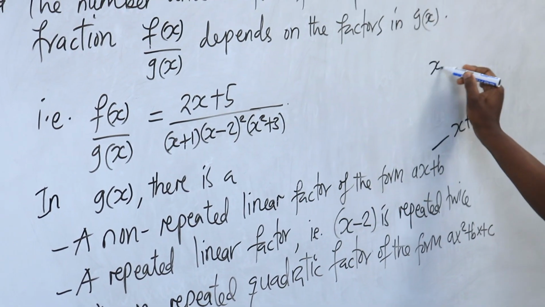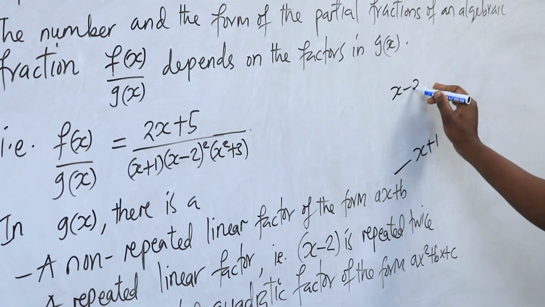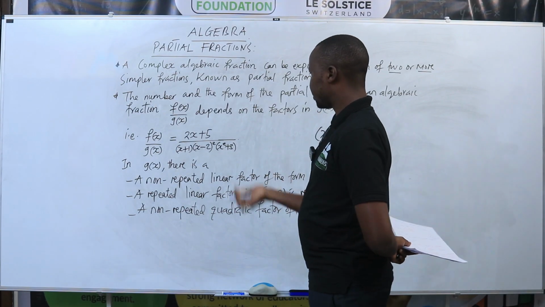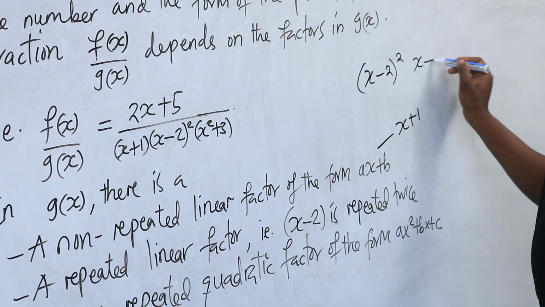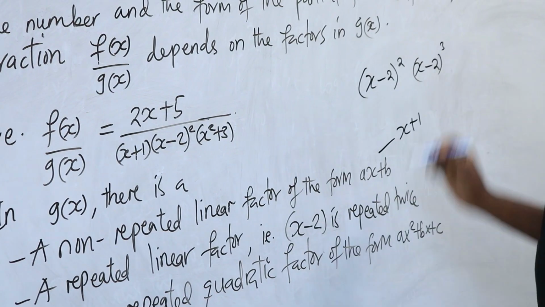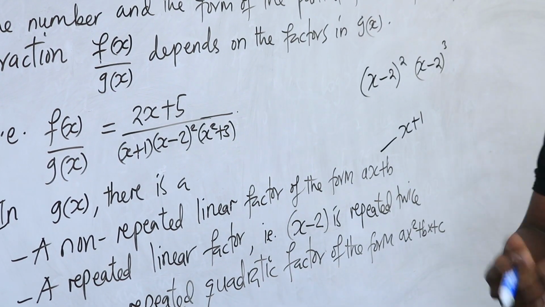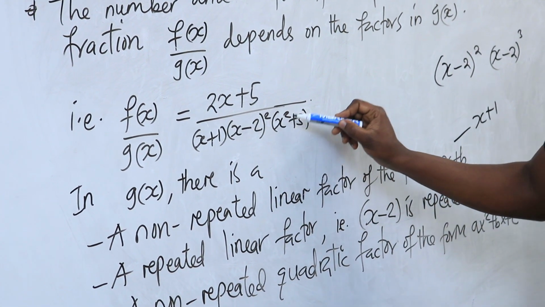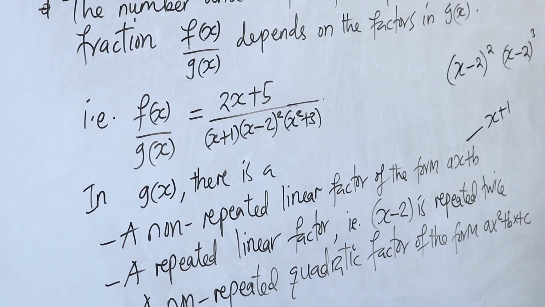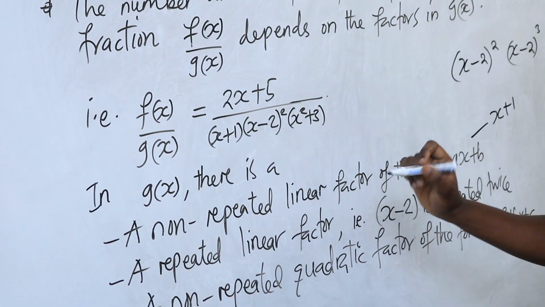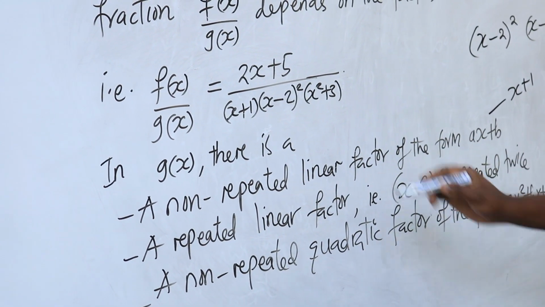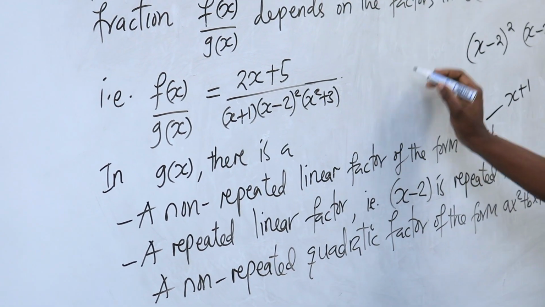When we say x minus 2, x minus 2, that is a linear factor, but when you have x minus 2 now cubed, it is also a repeated linear factor. But the last one that we have here in the g of x is x squared plus 3.